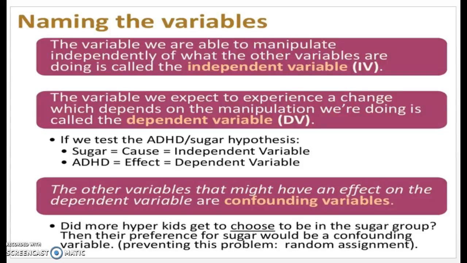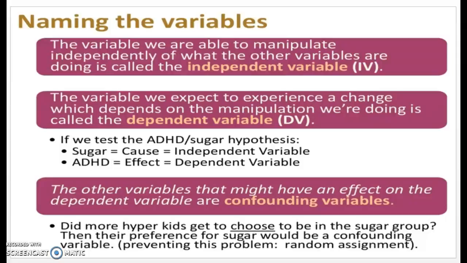This should sound pretty familiar from your science classes, but we have independent and dependent variables. Going back to my hypothesis looking at sugar consumption and individuals with ADHD, the independent variable is the one that I am going to purposefully manipulate, or purposefully change between some different groups to see what the impact will be.